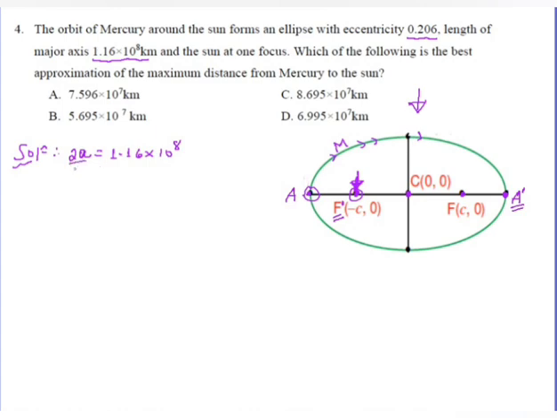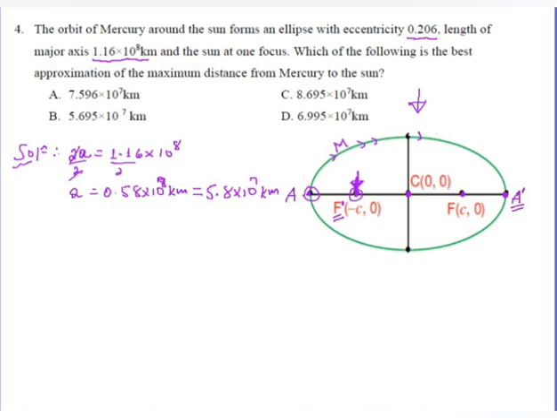Now dividing both sides by 2, it will give us a becomes 0.58 times 10 to the power of 8 kilometers. So we can change this as 5.8 times 10 to the power of 7 kilometers. This is the semi-major axis.